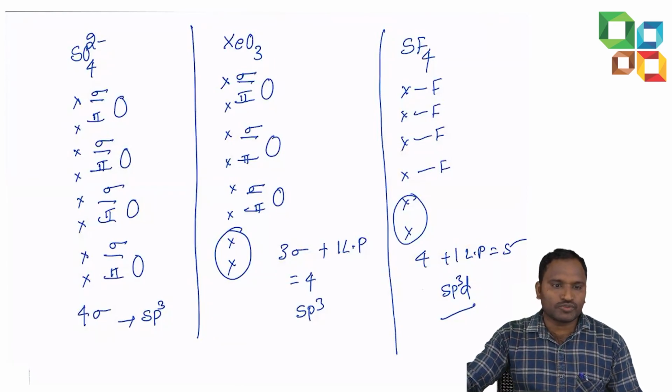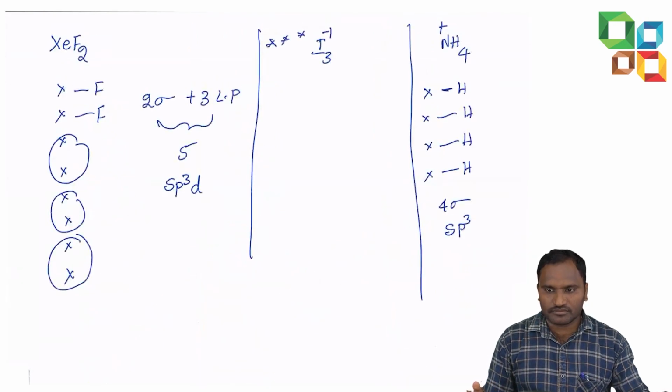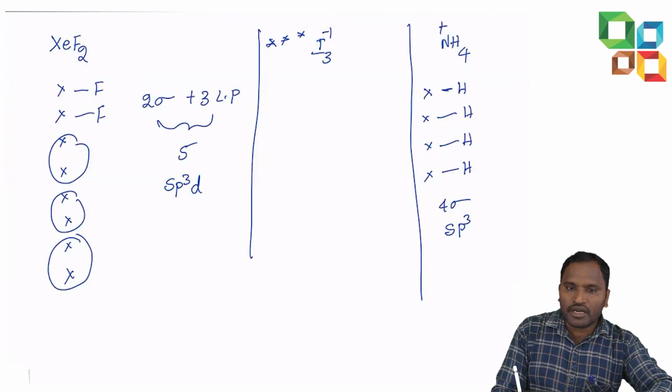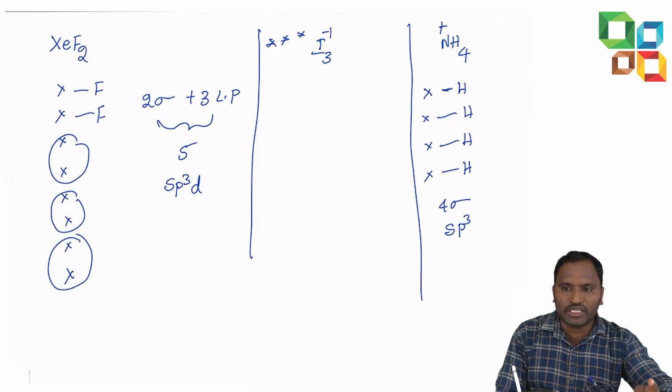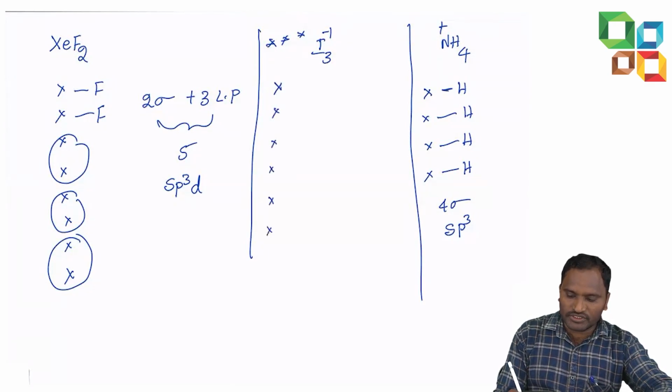sp3d. Now we'll go to I3 minus. Iodine belongs to the 17th group: fluorine, chlorine, bromine, iodine. So it belongs to the 17th group, the halogen family. So it has 7 valence electrons. -1 charge is there, no?